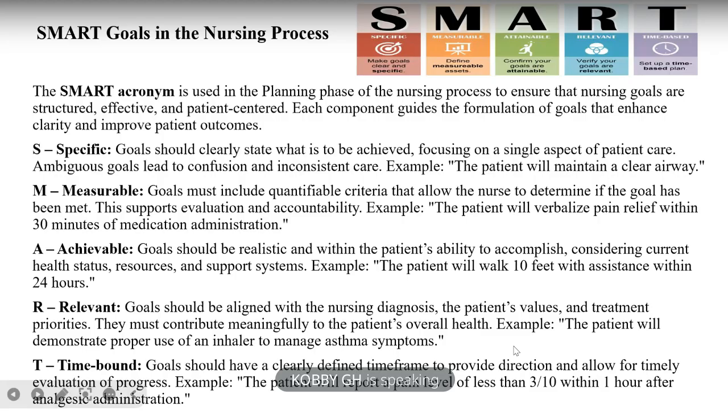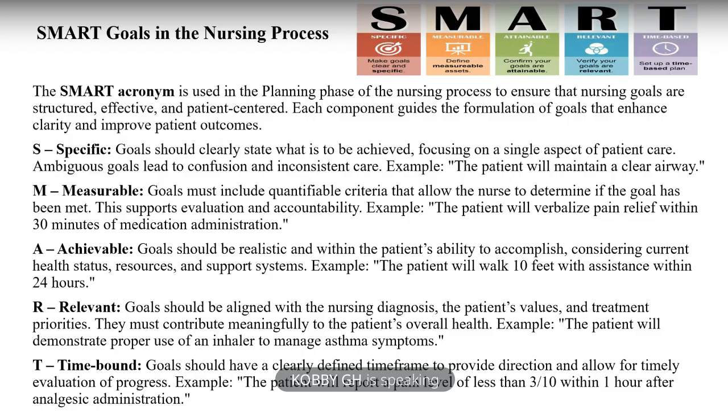Because if you don't mention the time frame, how are we going to know the time you want to evaluate? For example, the patient's level of pain will reduce within, let's say, 30 minutes after analgesic administration. This is just an example. We will come to the details of how we write it properly in nursing.